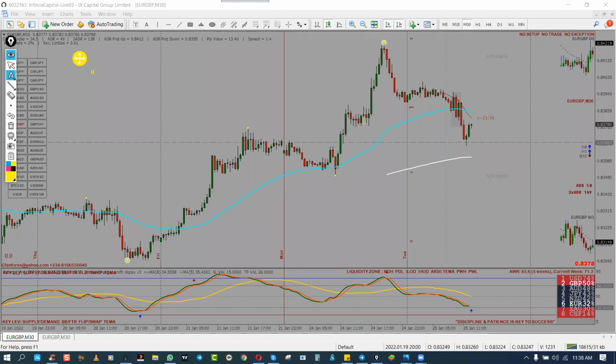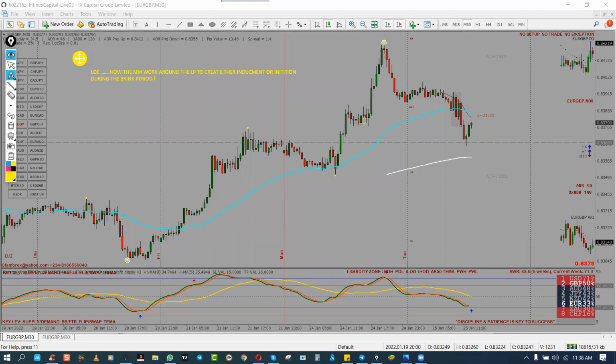Yes, let me put it: liquidity engineering is a concept I call how they work around the liquidity pool to create either inducement or initiation during the break period.